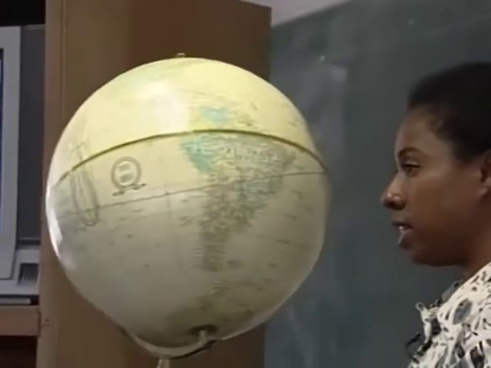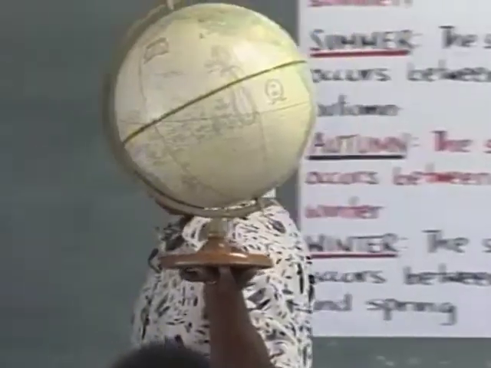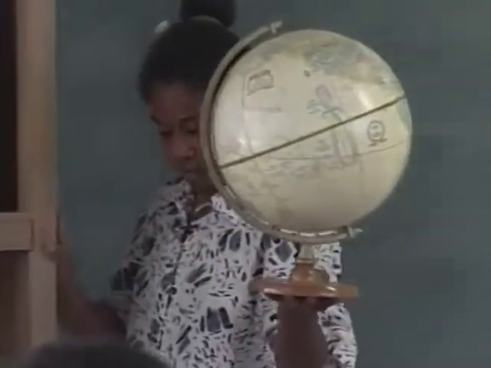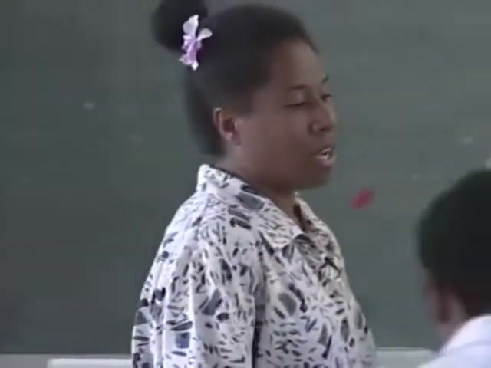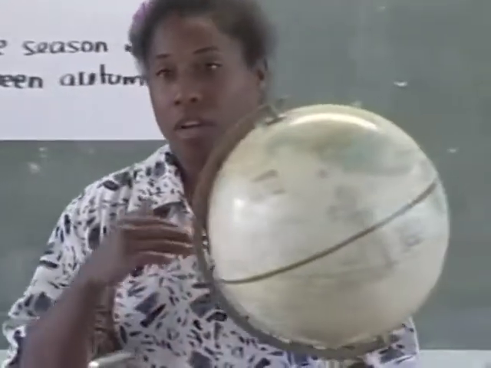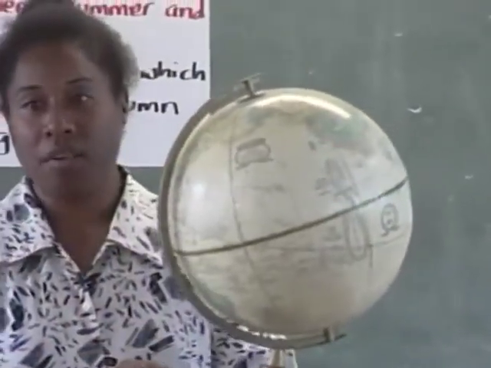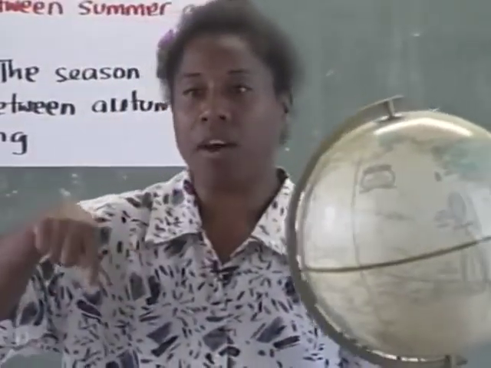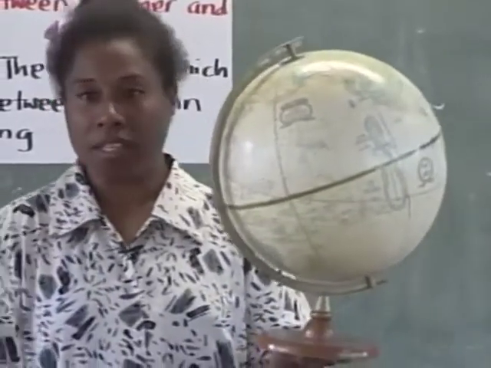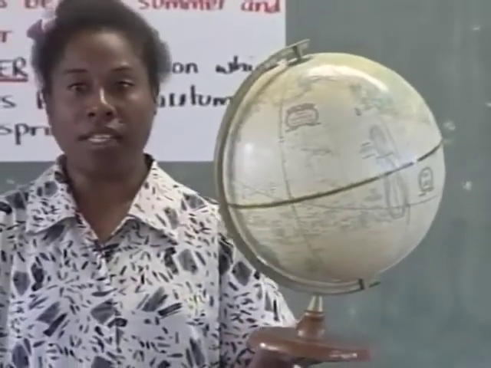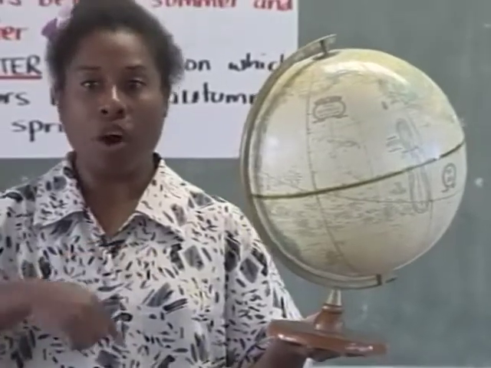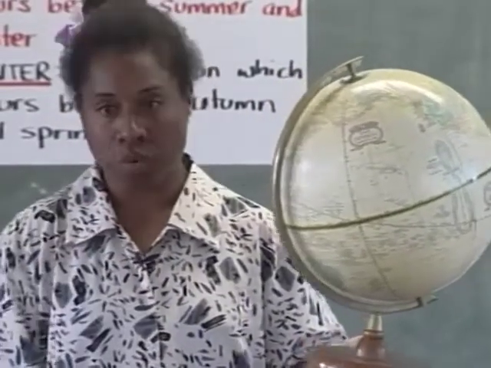The revolution of the Earth around the sun is actually very important also, in the sense that we need to know the motion that it does. Rather than a circular motion around the sun, it orbits around the sun in an oval shape type motion.